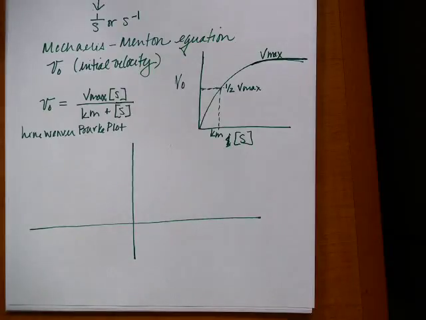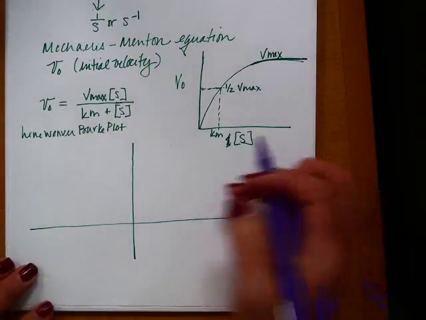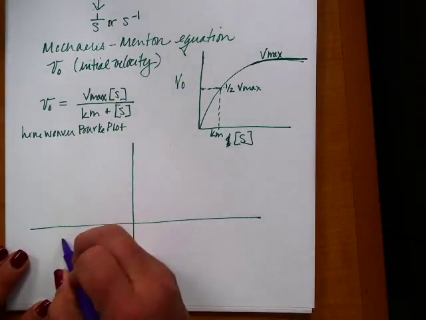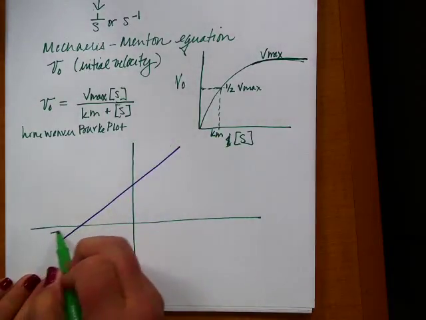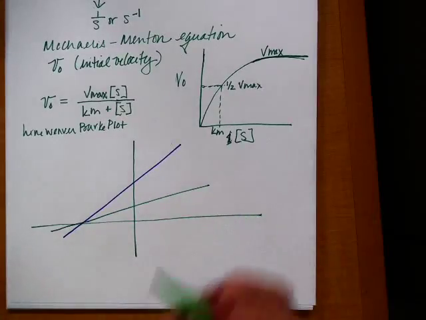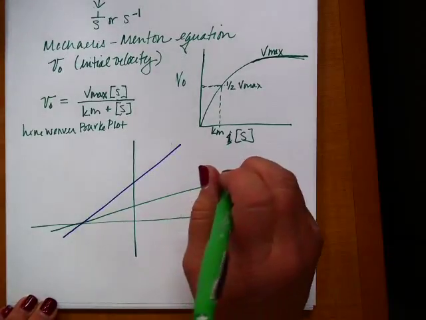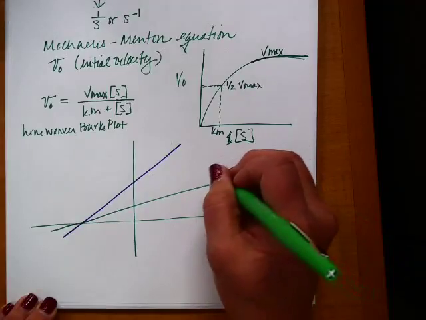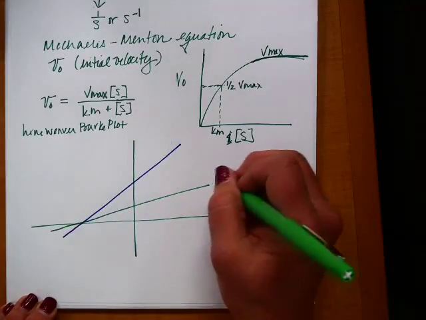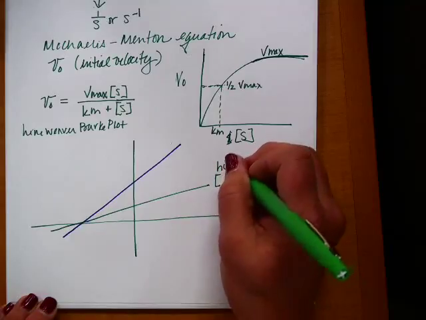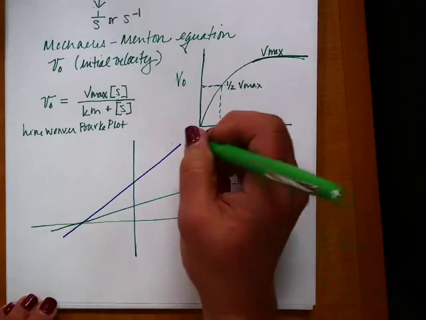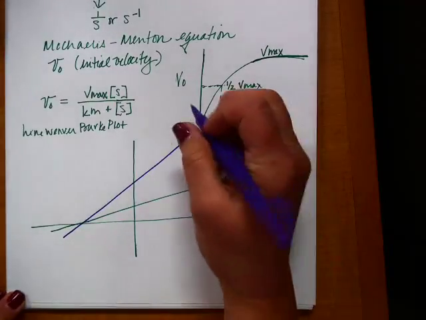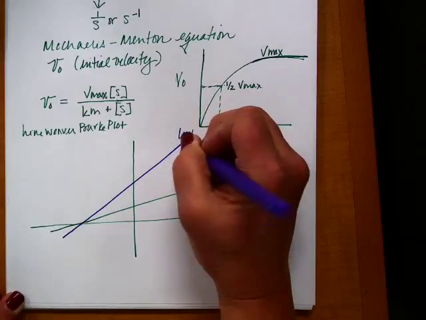But I want to draw two lines here for you. This one. This one. Okay. These two lines show the change when we have a high enzyme concentration versus a low enzyme concentration.